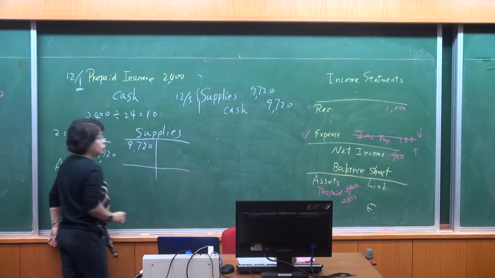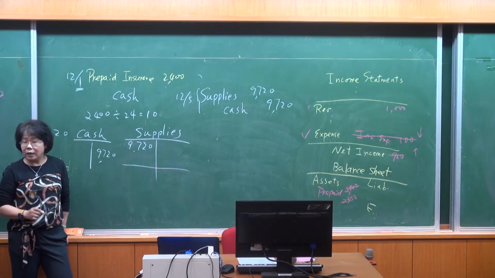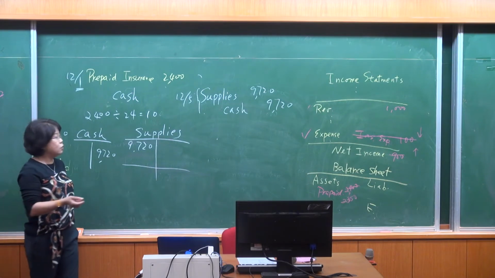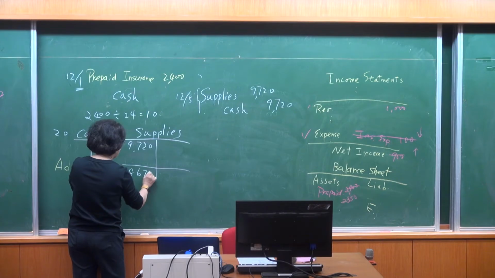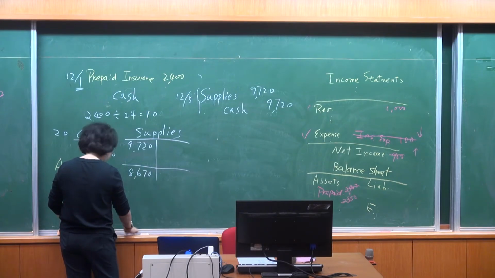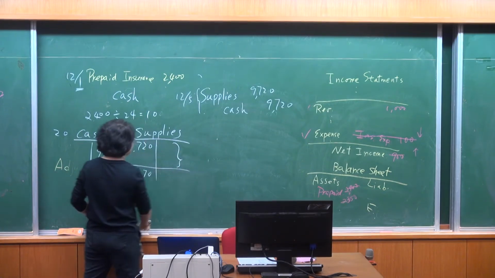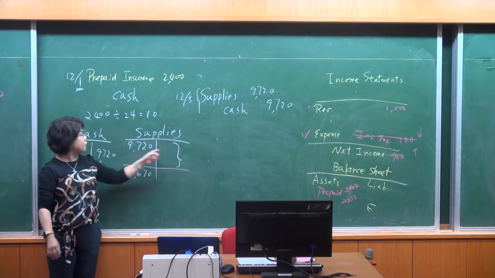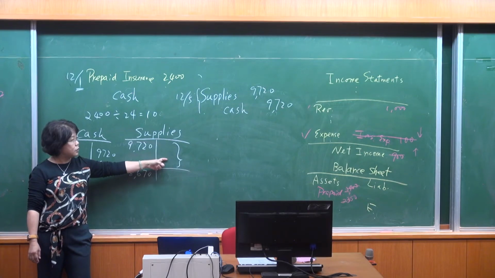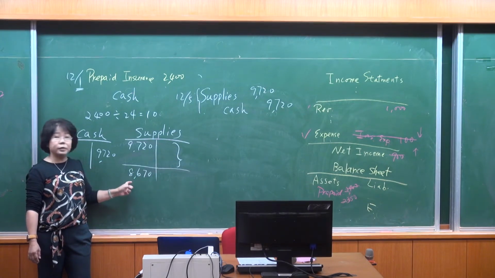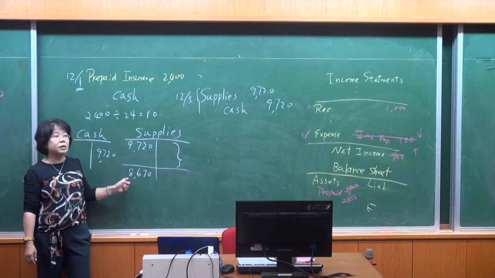So after you do the physical count 盘点, you found the total value is 8670. So you need to make adjustment here in order to write off the number of the debit. 一定是要做一些事情在这边做 adjusting. Then the should be the balance is here.